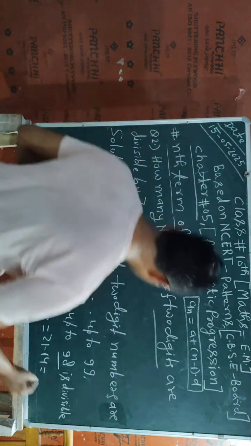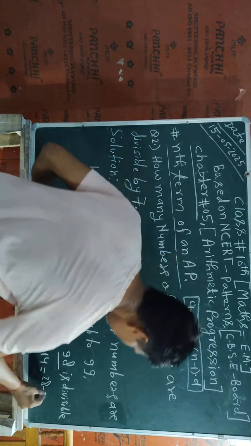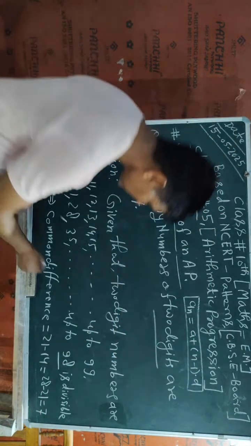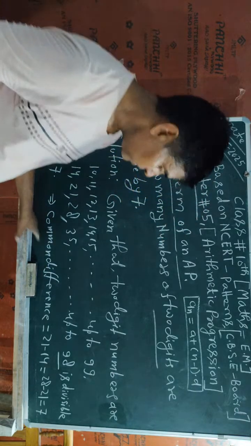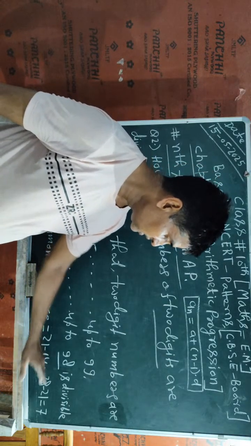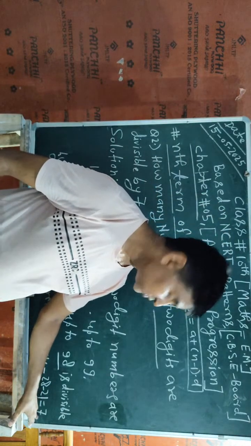Again I will write 28 minus 21, that is 7. In other words, we can say that this is the common difference. So second term minus first term, and also third term minus second term, its value is the same.